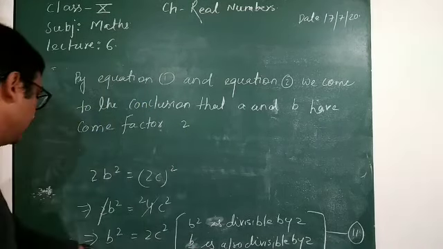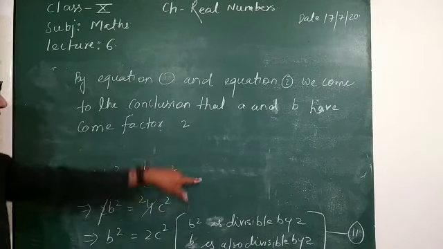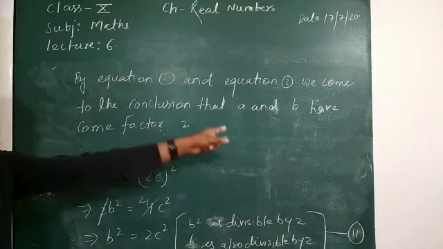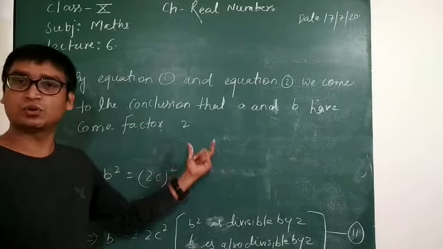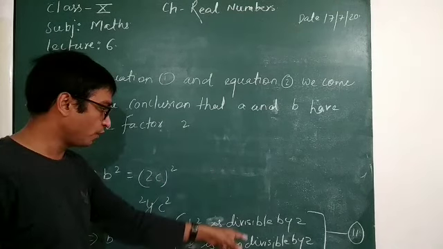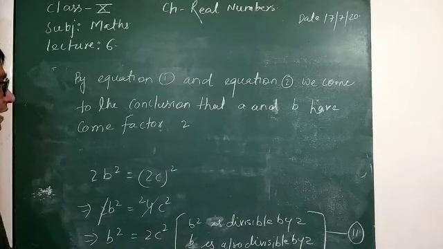Because here b square is divisible by 2, so b is also divisible by 2. In equation 1, a square is divisible by 2, so a is also divisible by 2. So from equation 1 and 2 we can say that b and a have a common factor 2.